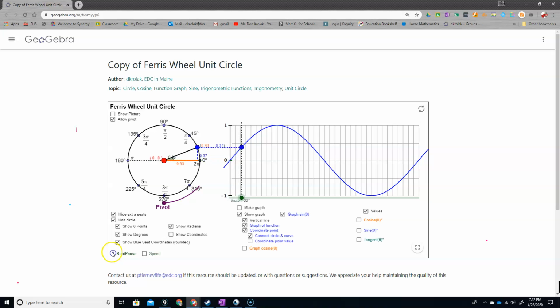Okay, that graph right there, that is the sine graph. So the sine graph is just describing your location if you're above or below. I'm above, I'm at my highest point, I'm even, now I'm below, I'm at my lowest point, and then I'm back even. That's the sine function.